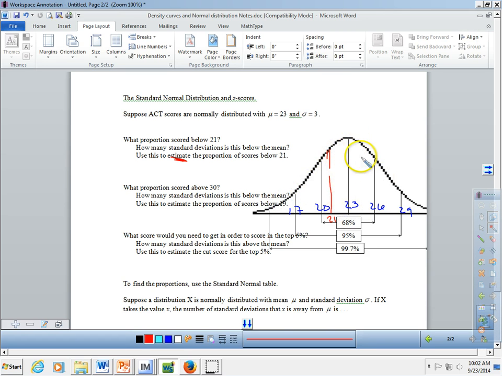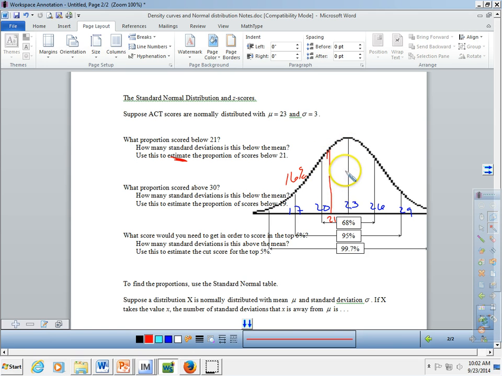So if in the middle here is 68%, like the empirical rule says, that means 32% are outside of that, and strictly less than the first standard deviation, there would be 16%, right? So there's at least 16% in here, okay? Well, since 21 is basically 2/3 of the way down this standard deviation, from 23 to 20, we can almost break this interval up into thirds, 22, 21, and then get to 20.